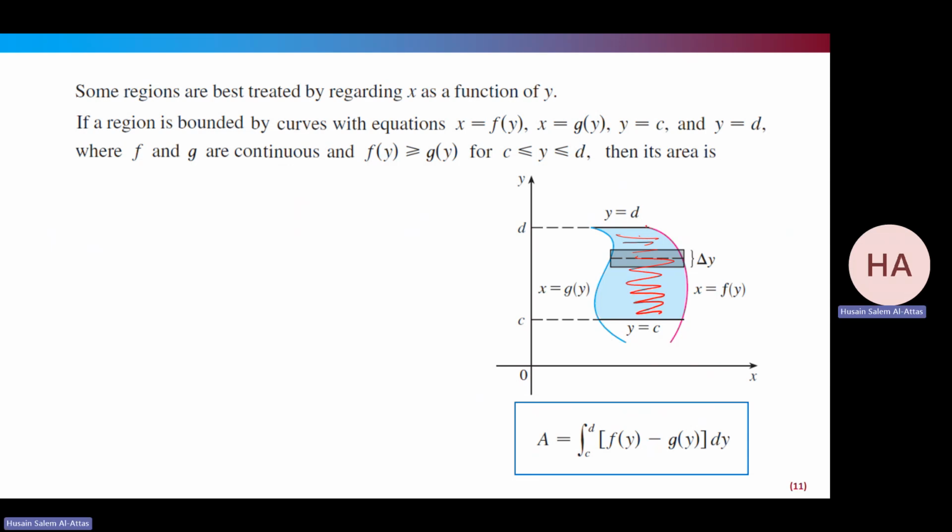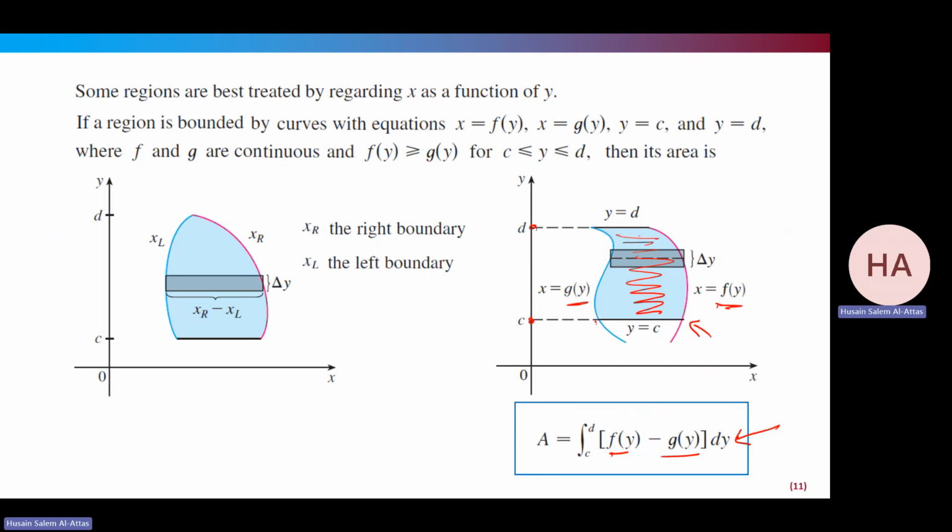So I'm doing it from C to D as y values, and it will be the function on the right minus the function on the left, where this one will be bigger. So I have f of y minus g of y. I'm doing it from C to D, where I'm dealing with the y values, and this will be dy, not dx. Okay, so this will be the strip. Okay, let me do an example.